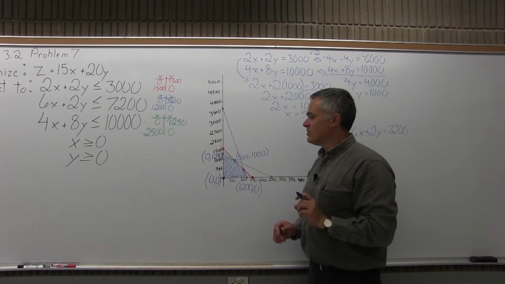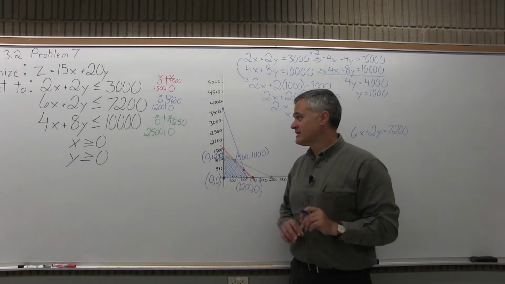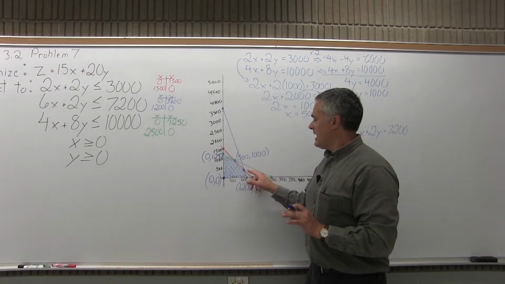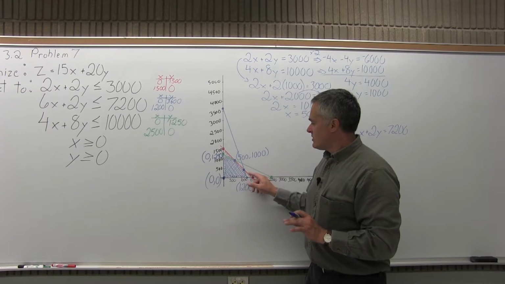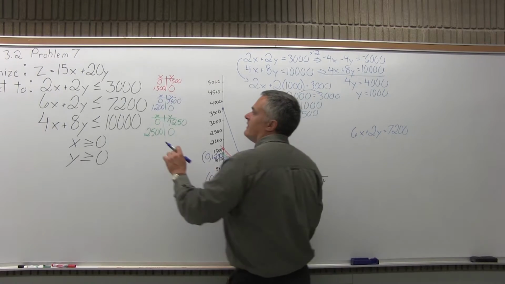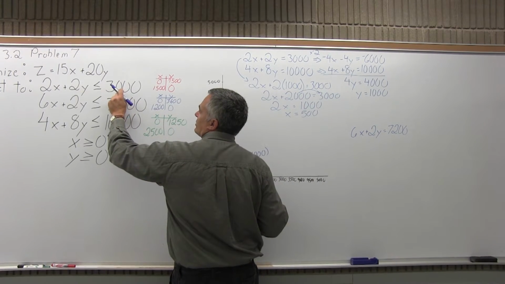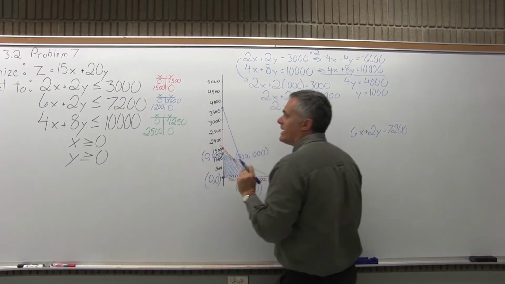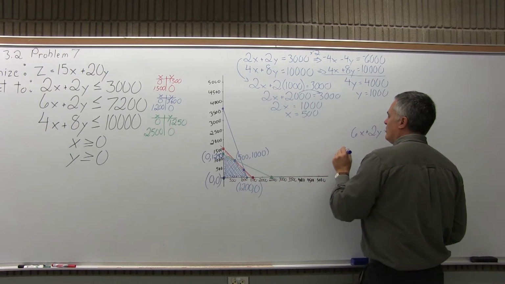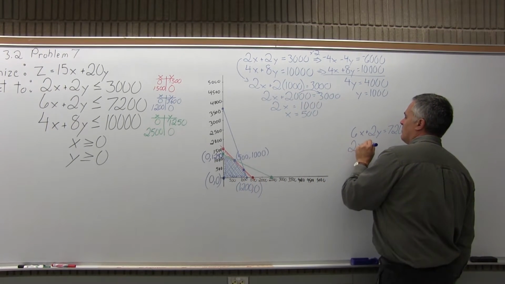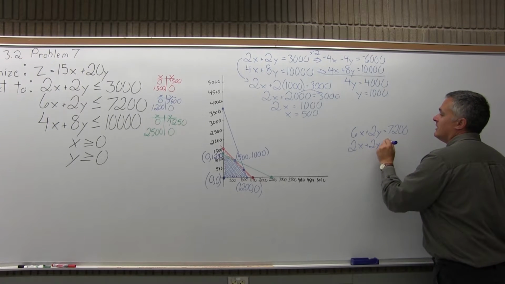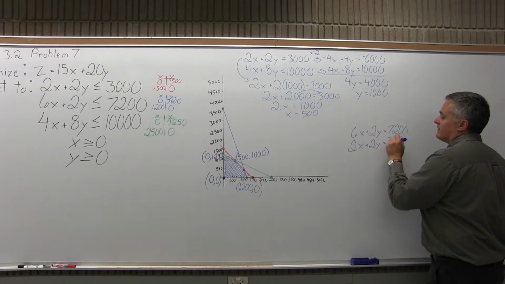So that's the equation for the blue line. And again, I've left out the less than or equal to. I just want it equals. And now the red line is also intersecting to find that corner point. That's the equation with the 3,000. So written as an equation, the red line would be 2x plus 2y equals 3,000. Again, forget the less than.